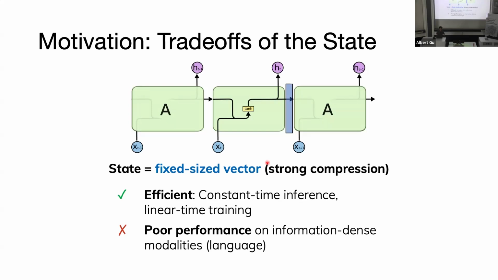So that gives you constant time online or autoregressive inference. This also explains the downsides, which is that they have difficulty modeling information-dense modalities such as language. Because in language, you might really need to remember everything that has appeared previously, and because these models have a fixed size state, it's difficult to compress all of that information into the state.